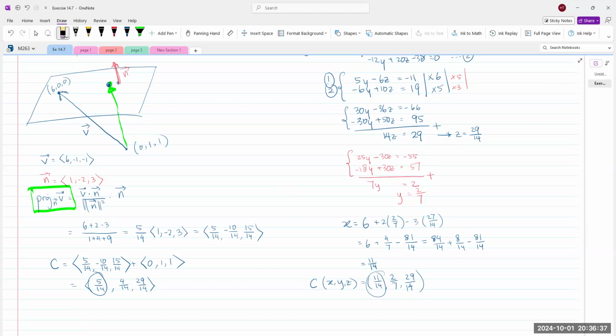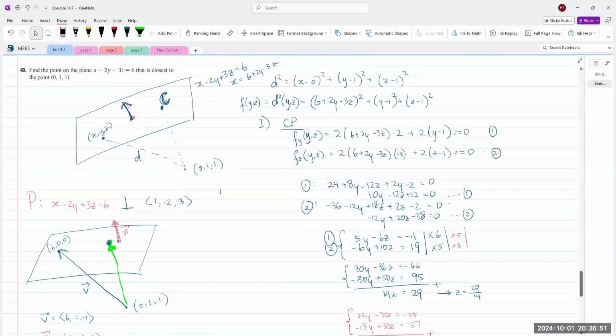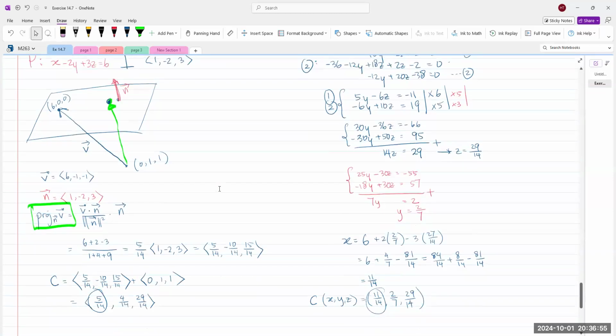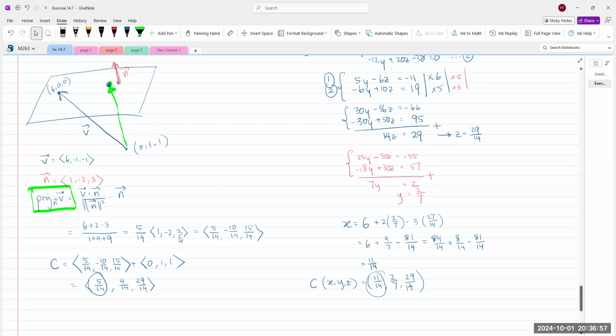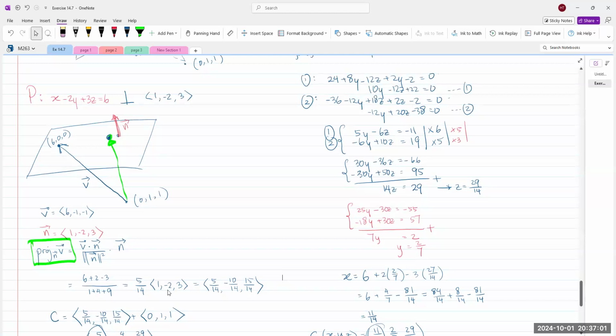Why do I get 5 over 14 instead? Let's see, did I make any miscomputation? 1, -2, 3. 1, -2, 3.